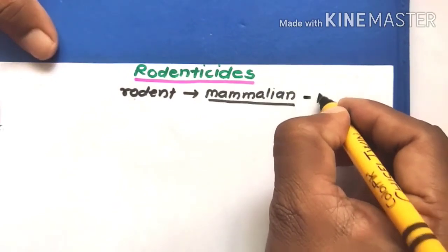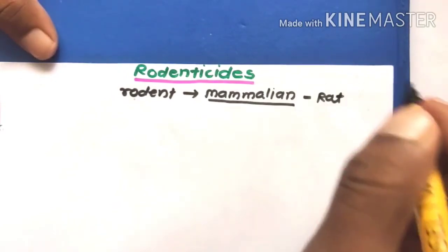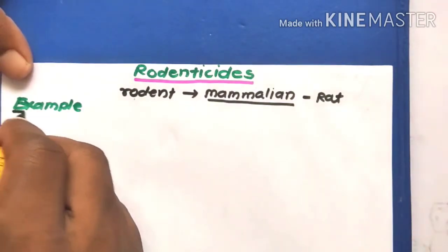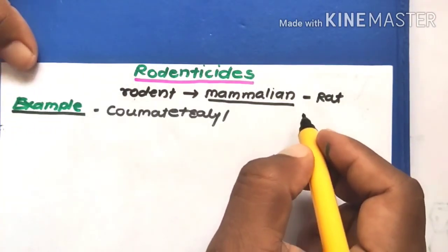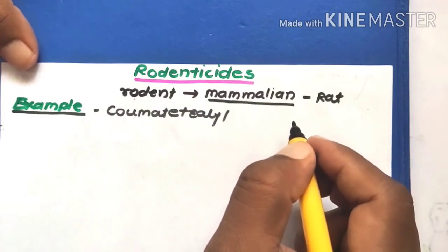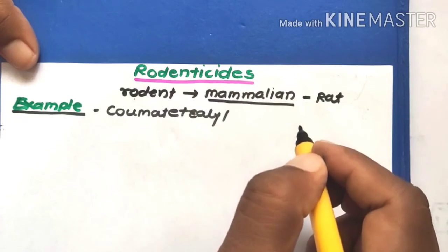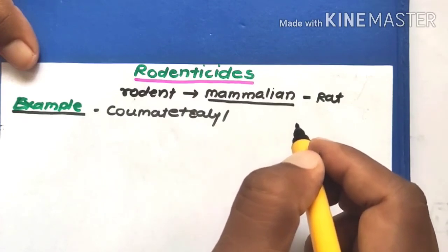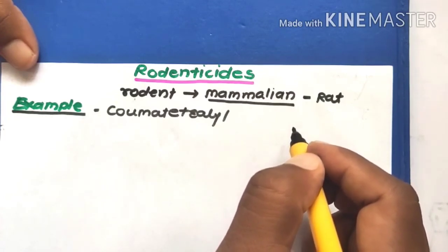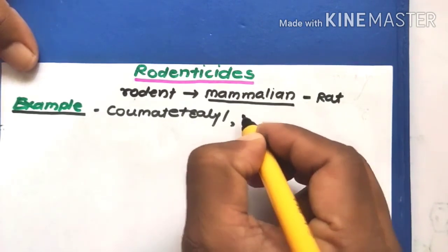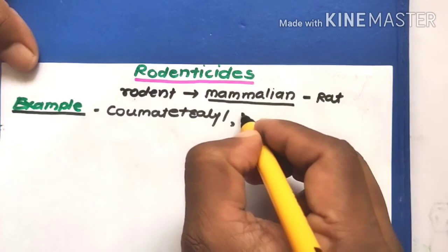Examples, rats. Examples of chemical components are 3-(1,2,3,4-tetrahydronaphthyl)-4-hydroxycoumarin. Then the second one, pindone.